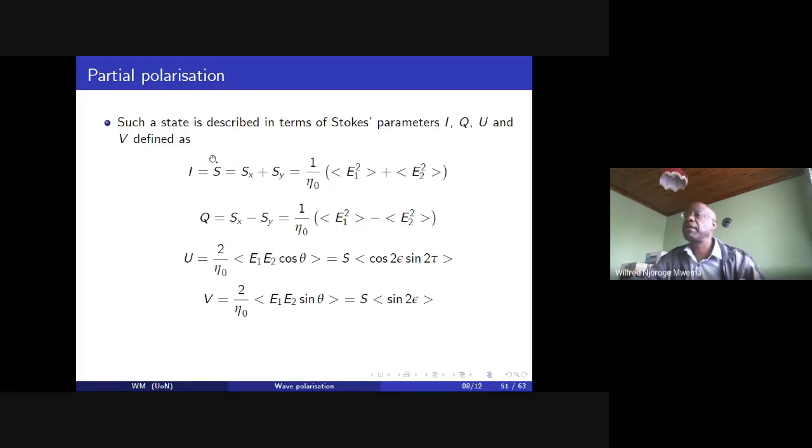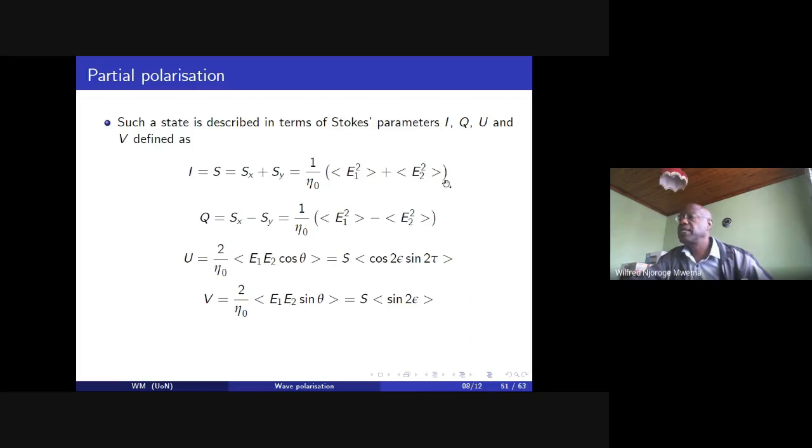Although we've been using P, many people use S. So we are using this as the average complex Poynting vector, which has an x component and a y component, and it will be given by 1 by eta naught. The eta naught is because we are assuming free space, and it will be given by the expectation of E1 squared and the expectation of E2 squared.